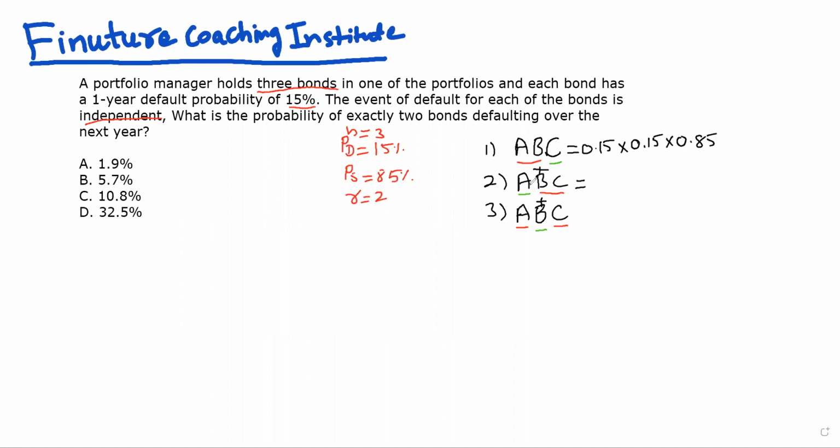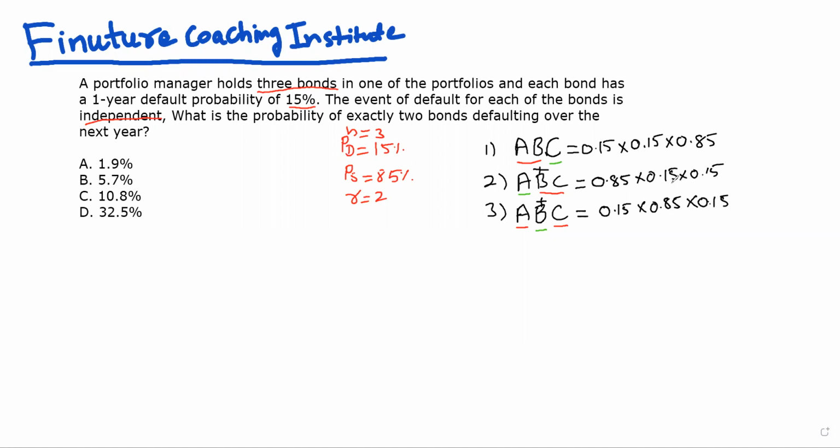In the second case, A survives, so the probability of surviving comes first, then the probability of default of B and C, which is eventually the same. And in the third case, the probability of default of A, probability of surviving of bond B, and probability of default of bond C. So these are the three outcomes.